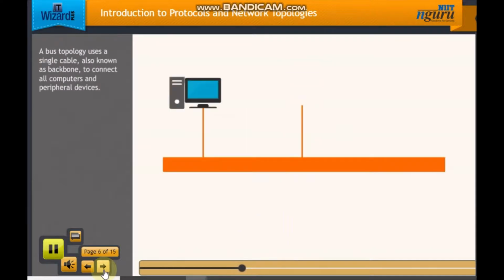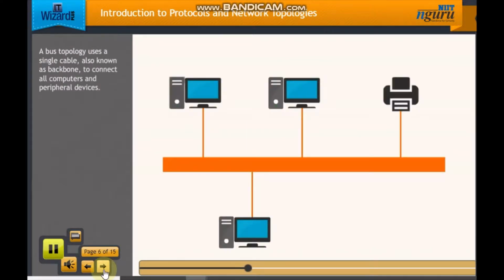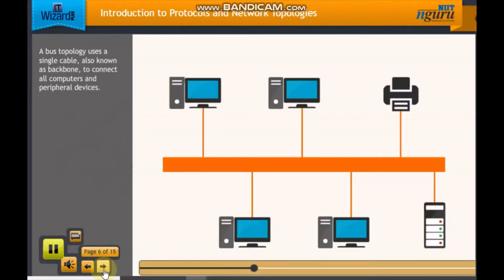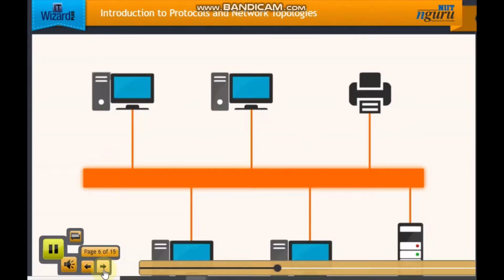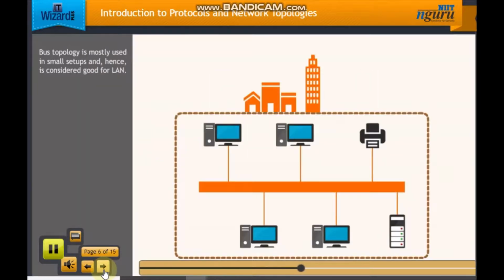In the same way, a bus topology uses a single cable, also known as backbone, to connect all computers and peripheral devices. This cable acts as a common communication medium between the computers and the peripheral devices. Bus topology is mostly used in small setups and hence is considered good for LAN.